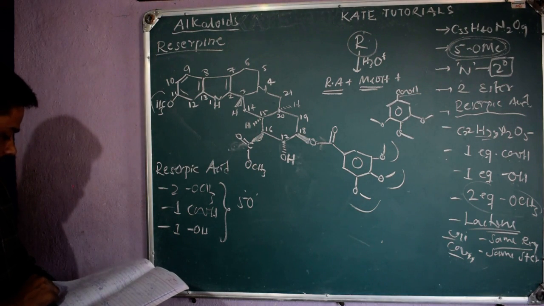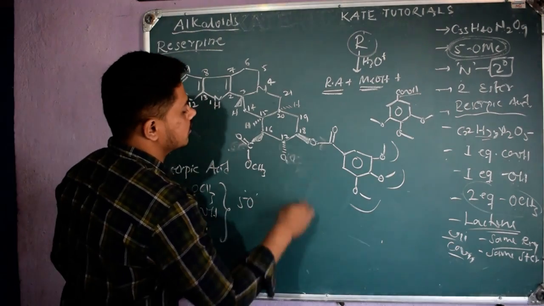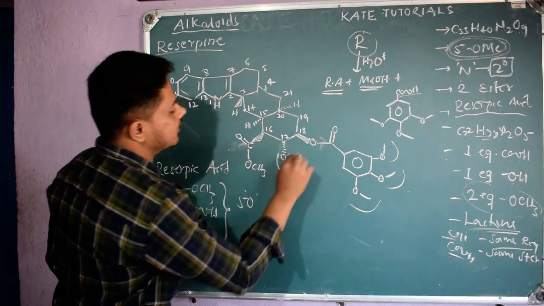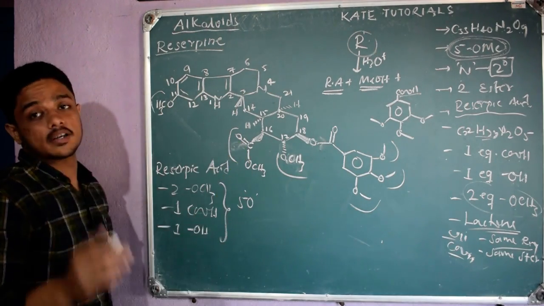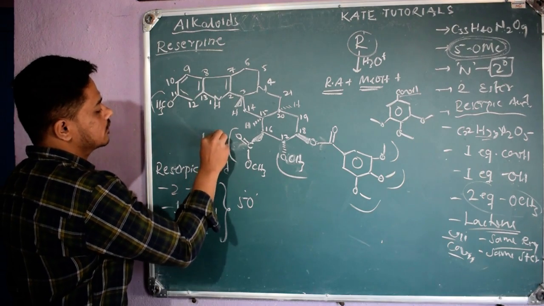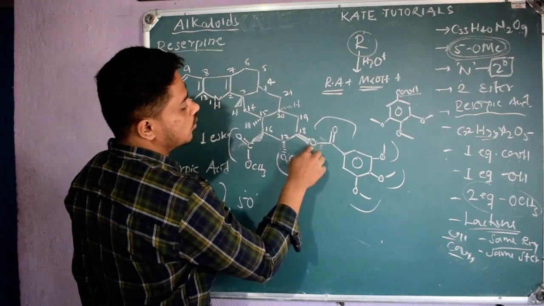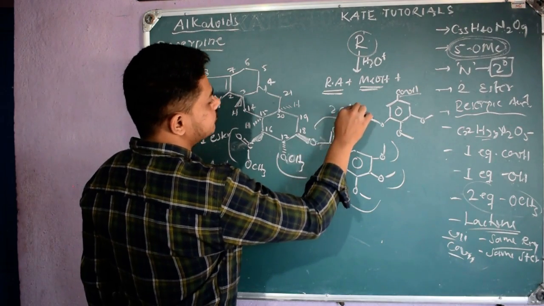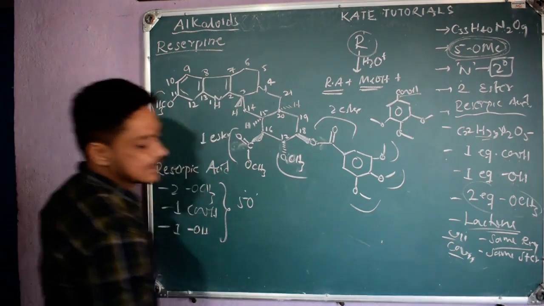Let me check the exact structure, and it is OCH3, and this is 5 equivalents. We should not consider this OCH3 as ester; I told you it will have 2 equivalents of ester. So one ester, and this is the second ester, COO. Now this is the structure of reserpine, not reserpic acid.